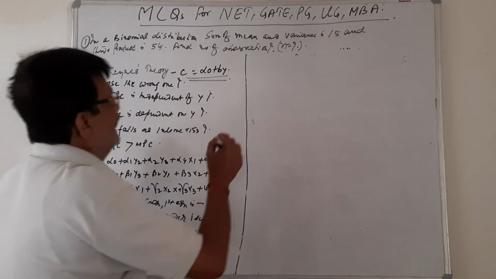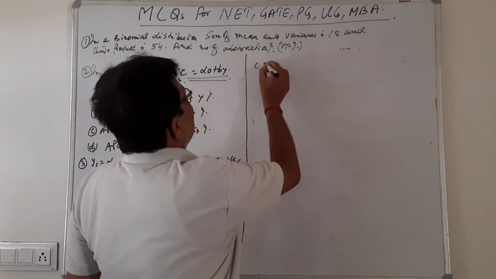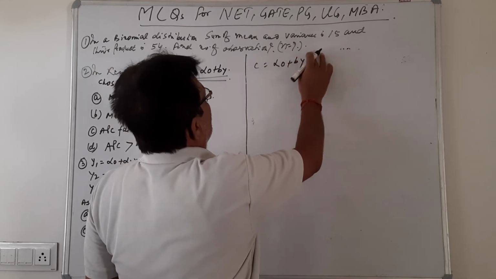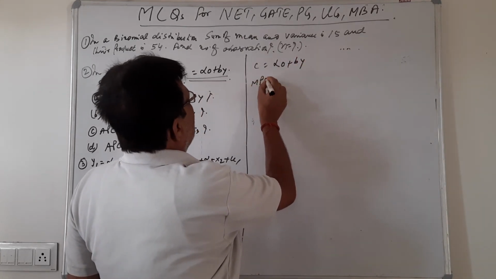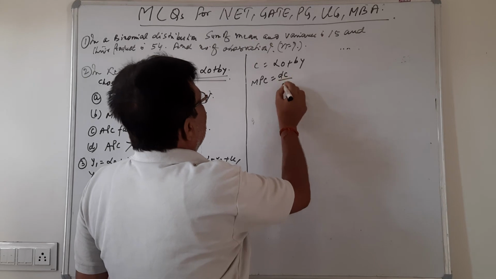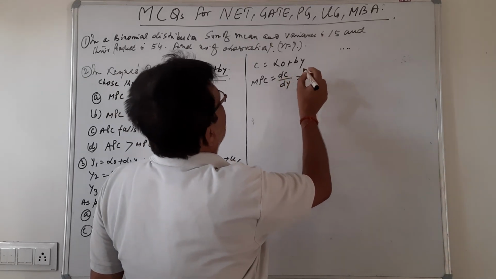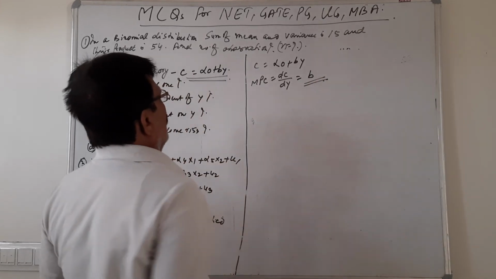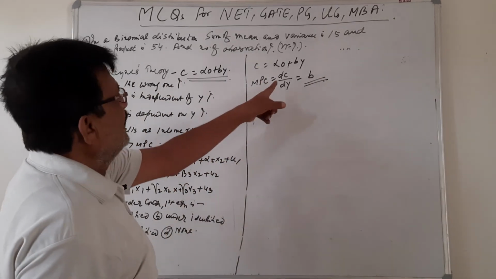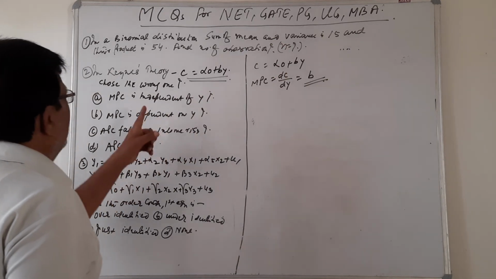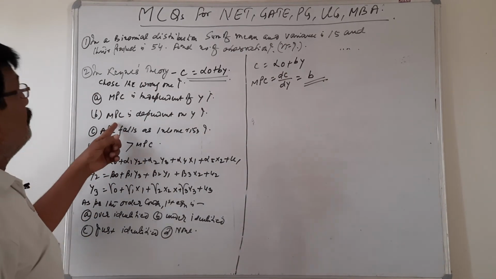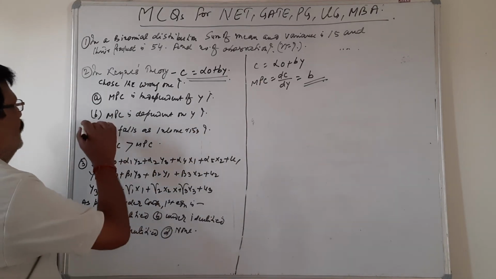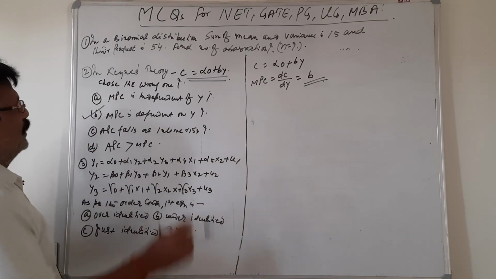Now let us understand. C is alpha 0 plus by, then MPC is dc by dy, that is b, absolutely free from y. So MPC is absolutely independent of y, so that is a correct answer. MPC is dependent on y, MPC is not, so this is the wrong answer.